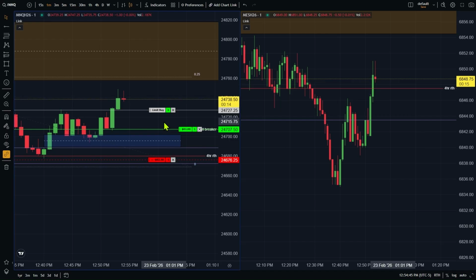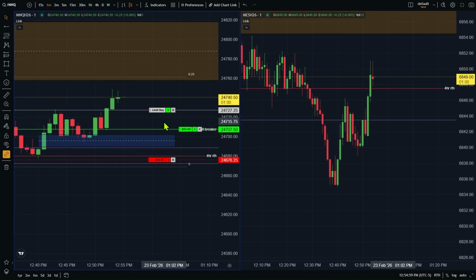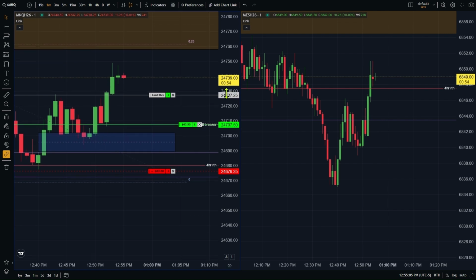I like the possibility here of the reversion to the mean. A lot of times when it gets on a move like this, half candle bodies is all you can hope for.